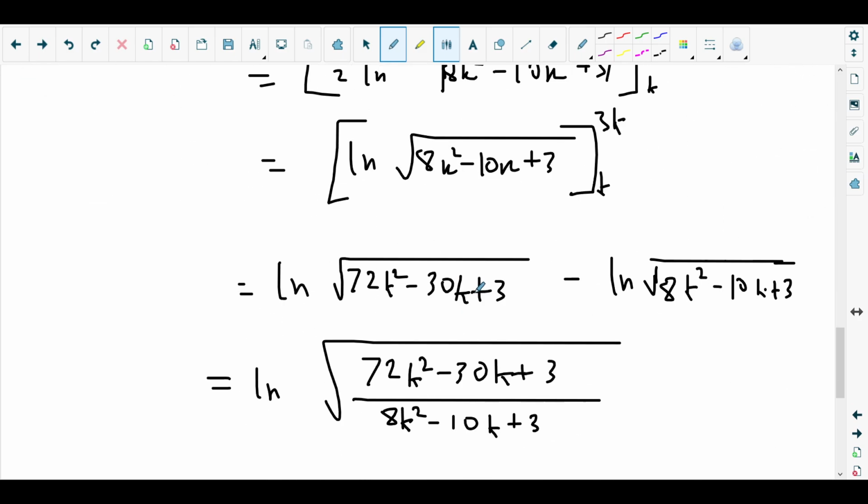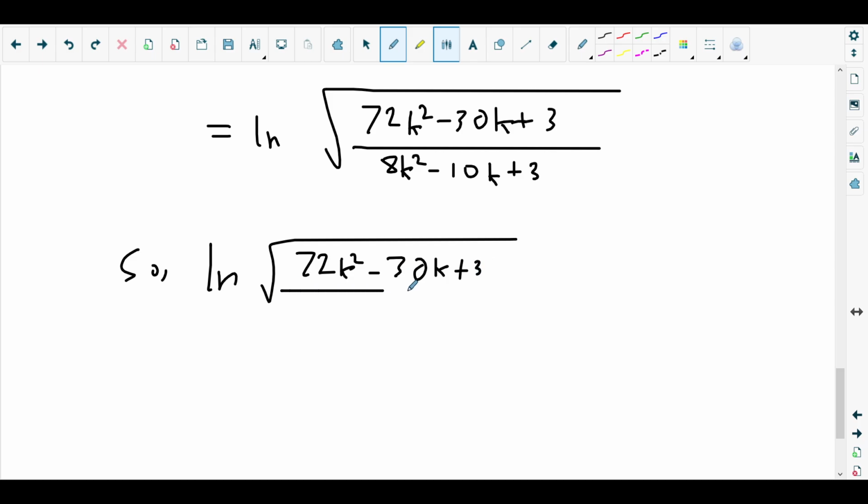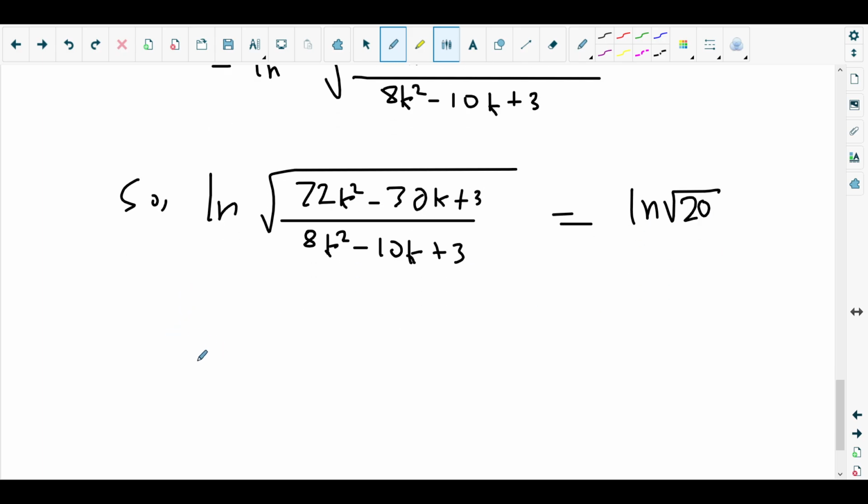Since it's half of ln 20, we can write ln square root of 72k squared negative 30k plus 3 over 8k squared negative 10k plus 3 equals ln square root 20. Now ln cancels from both sides, and then square both sides.